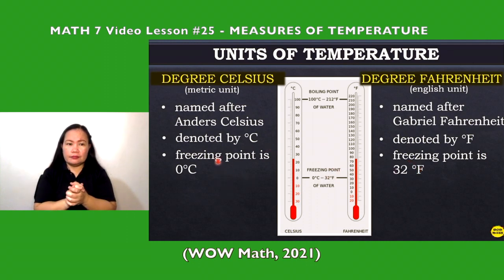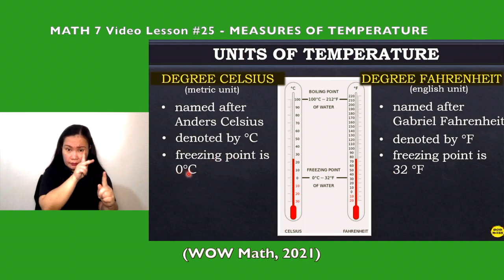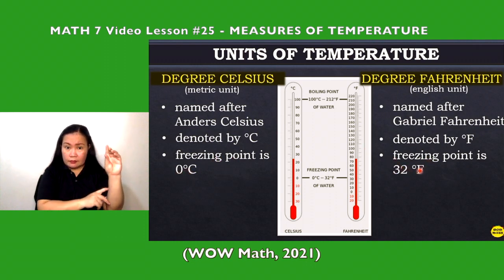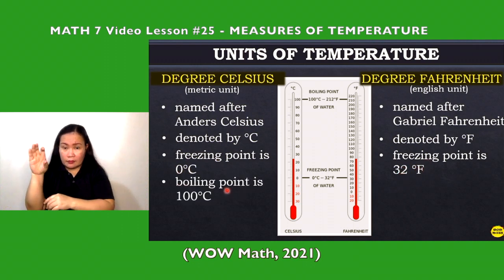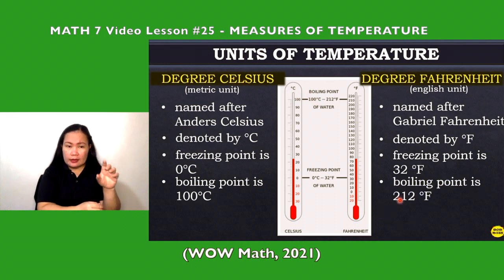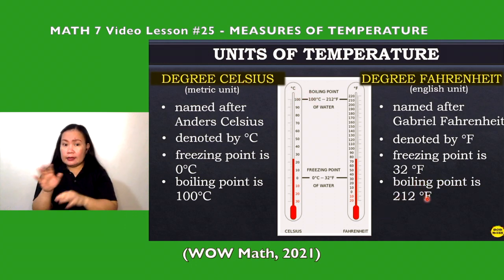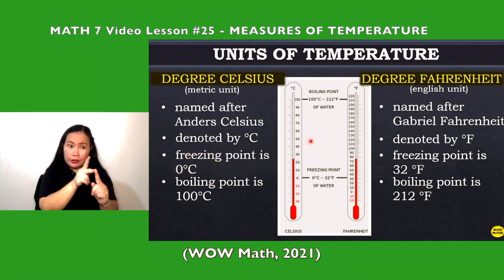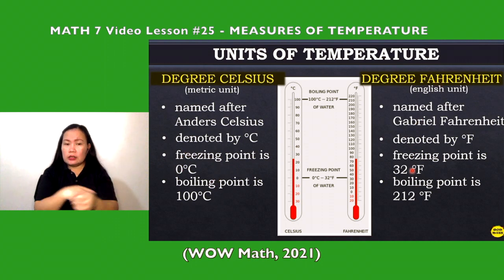Tandaan po, the freezing point in degree Celsius is 0 degrees, and in degree Fahrenheit is 32. Next, the boiling point naman is 100 degrees Celsius in degree Celsius and 212 in degrees Fahrenheit. So, that is the boiling point. So, tandaan po ang freezing and boiling point ng degree Celsius and degree Fahrenheit.